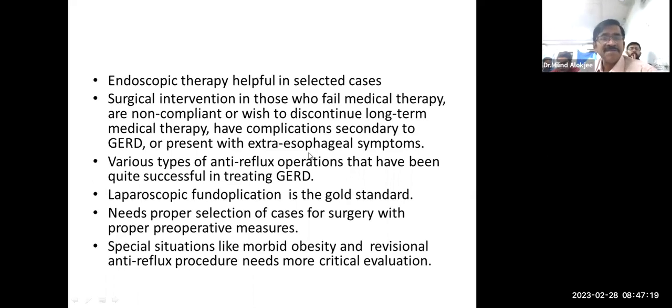Endoscopic therapy is helpful in selected cases, and careful selection of patients for endoscopic therapy may offer them an anti-reflux procedure without surgery. Surgical intervention is for those who fail medical therapy, are non-compliant, or wish to discontinue long-term medical therapy, have complications secondary to GERD, or present esophageal symptoms.